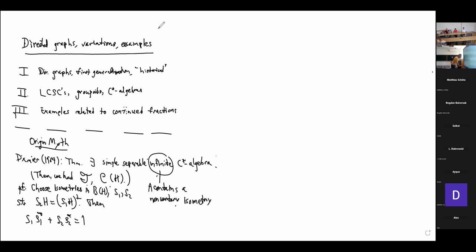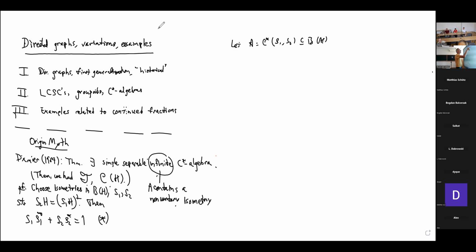So I'm just going to call this identity star. These are just the projections onto the ranges of the two isometries. Now Cuntz says, let A be the C star algebra generated by these two operators inside B of H. If that were simple, that would be his example, but we don't know if it's simple.